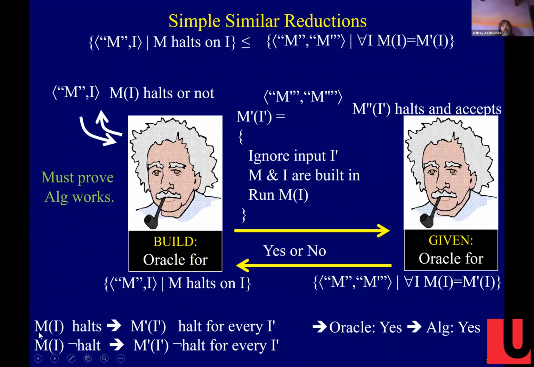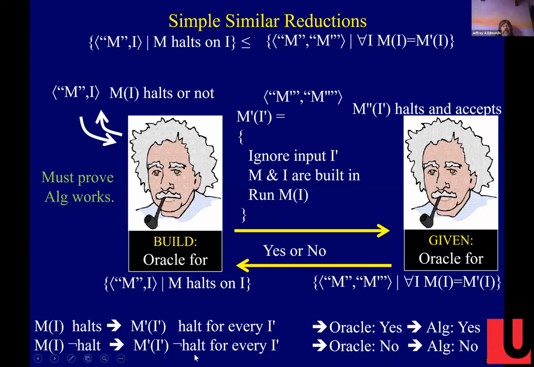If M on I halts, then M prime halts for every input. M double prime halts for every input. Look at our M prime and our M double prime doing the exact same thing. So what's our oracle going to do? It's going to say yes, and we're going to say yes.